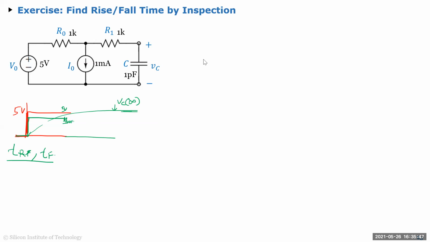Which formula are you talking about? Time constant is RC, right? And that's what I want you to find. What is this RC?